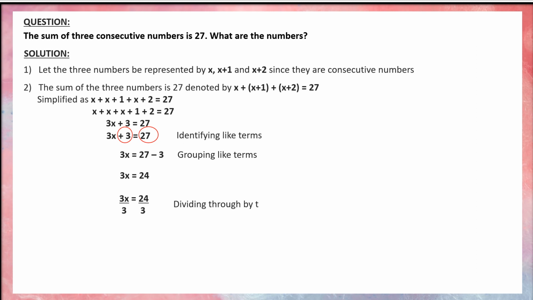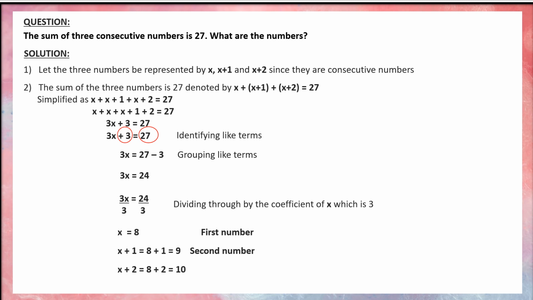That is, we divide through the equation by the coefficient of x, which is 3. And when we simplify that, we have x is equal to 24 divided by 3, because 3 divided by 3 is x. 24 divided by 3 is 8. So x is 8 as the first number.